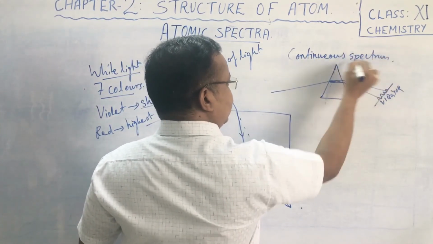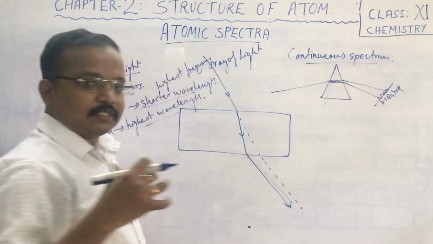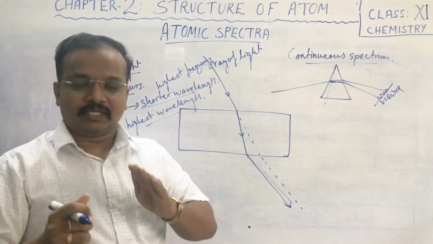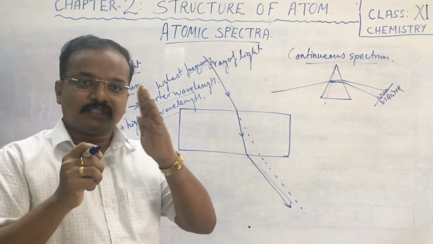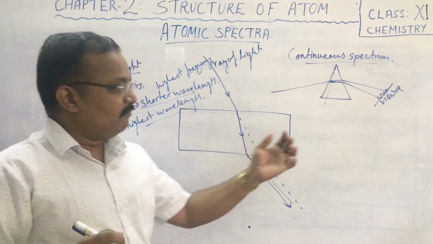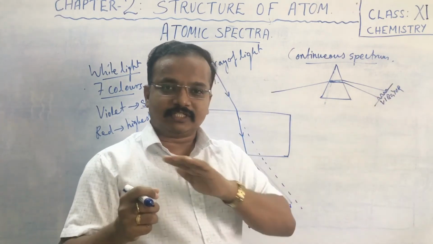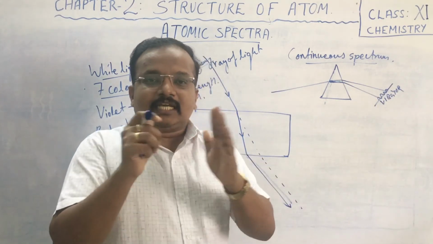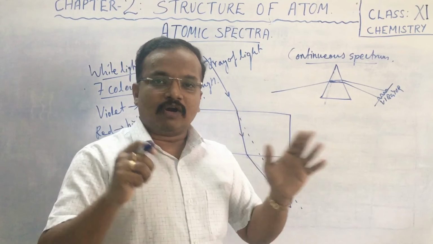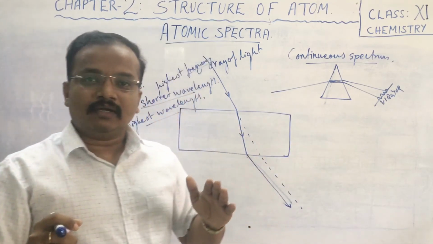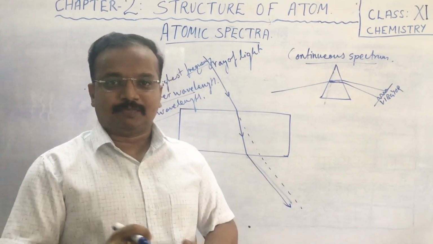Why is it called a continuous spectrum? Because one color is merged with another color, violet, indigo, blue, green, orange, red, and you cannot distinguish one from the other. That's why it is called a continuous spectrum.